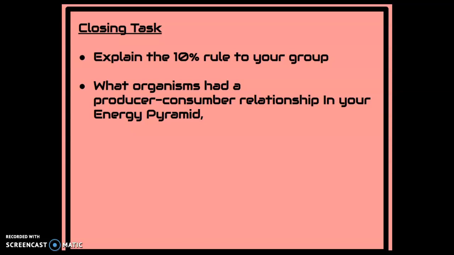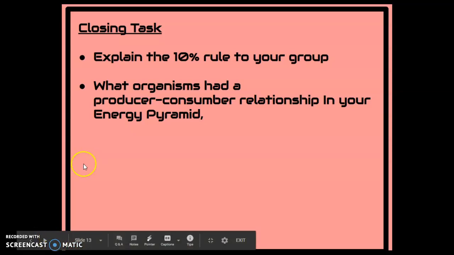There are a lot of different examples other than producer-consumer. You could say decomposer-consumer. You could say predator-prey relationship. There are a lot of different relationships in an energy pyramid, food chain, food web as well.